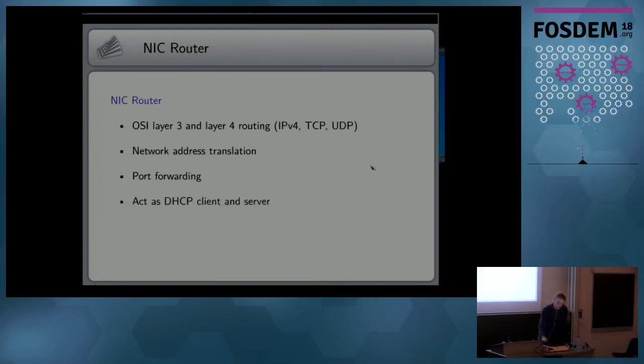And yeah, in the past we also had the problem that we wanted to do DHCP. We wanted to have DHCP for the single domains behind the NIC router. And originally the plan was to do DHCP outside of the NIC router as an extra component, and then we would reconfigure the NIC router.